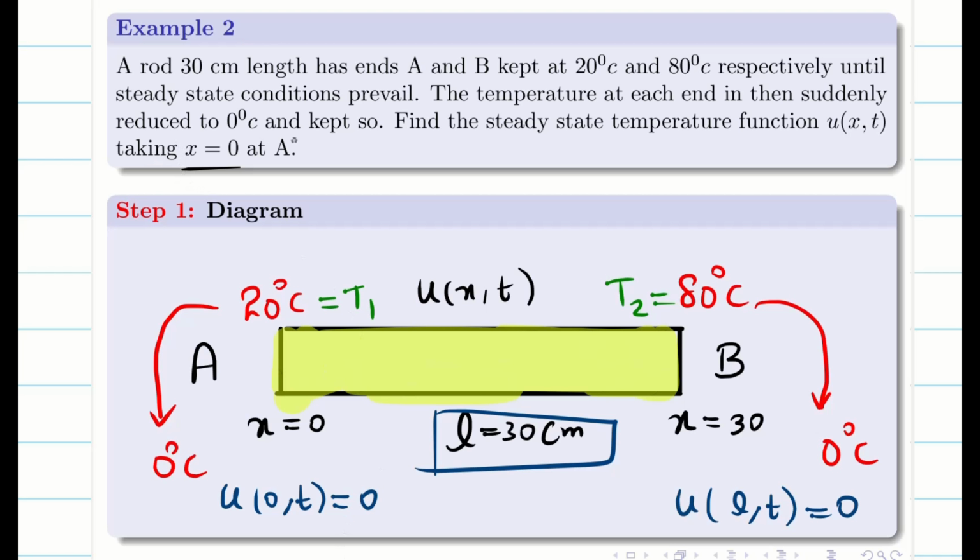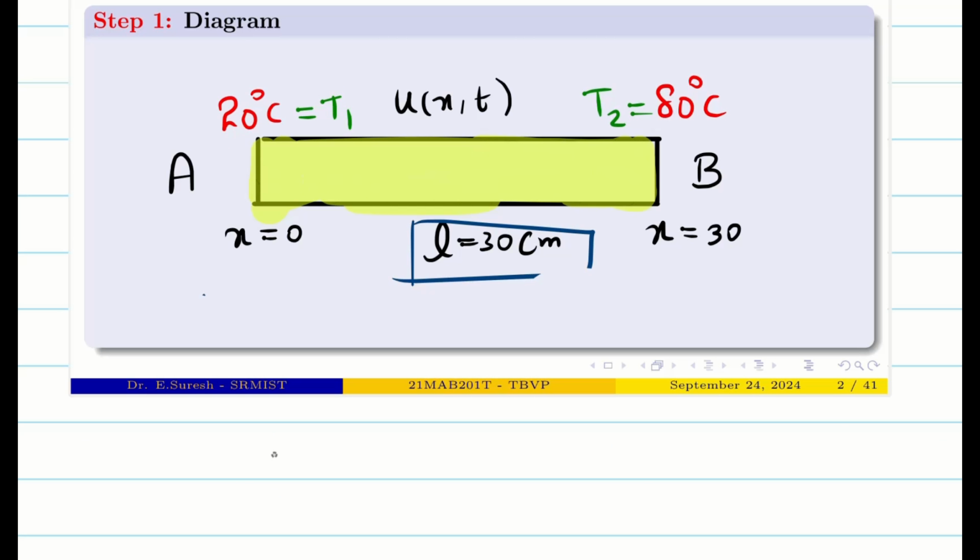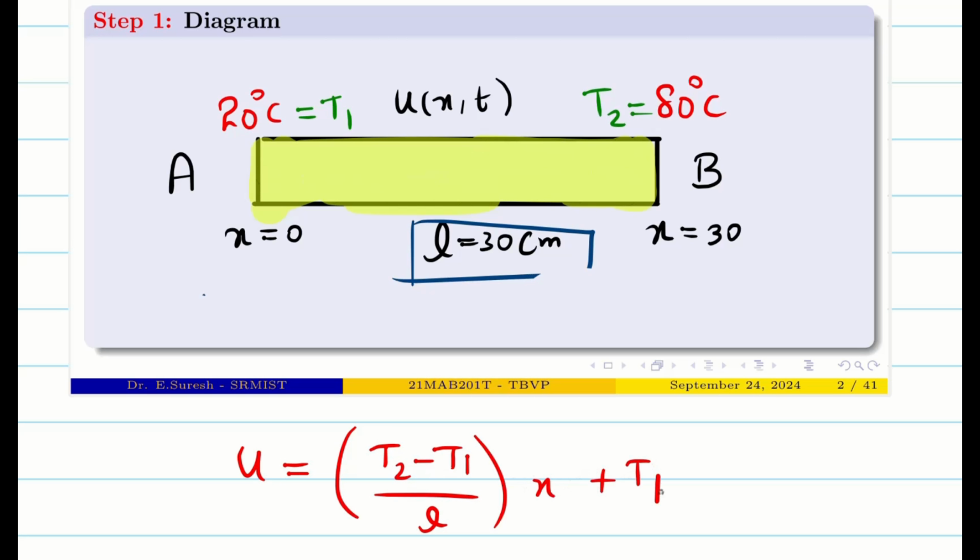Now in a steady state problem, the first two boundary conditions we can identify from the figure, and the third condition would not be given. You have to find it yourself using the words steady state condition. Now we know at steady state u is equal to ax plus b, and I gave the direct formula for how to find this u: u is equal to (T2 minus T1) by L into x plus T1.